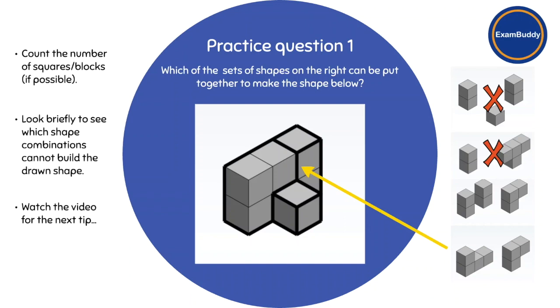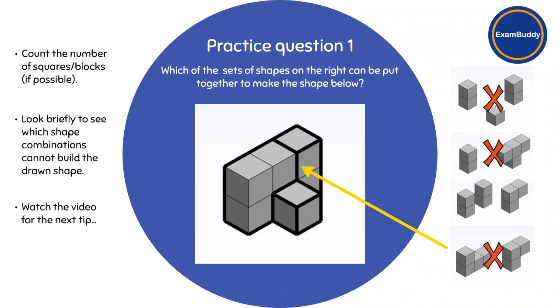If we look at the bottom answer image, we can see that there is no combination of these shapes that can generate the question image. The L shape on the answer image is too long to form the L-shaped stack in the question image. So we can eliminate this.